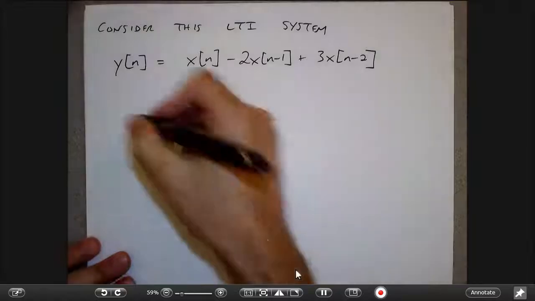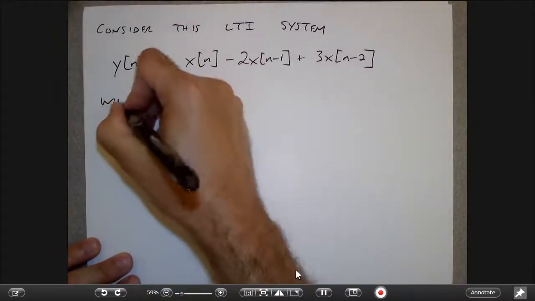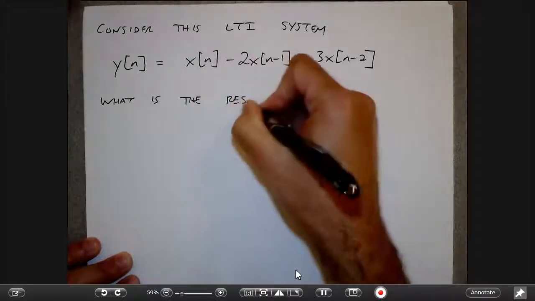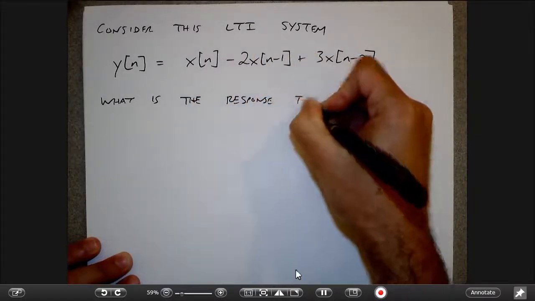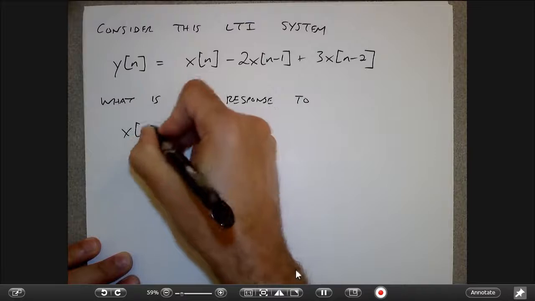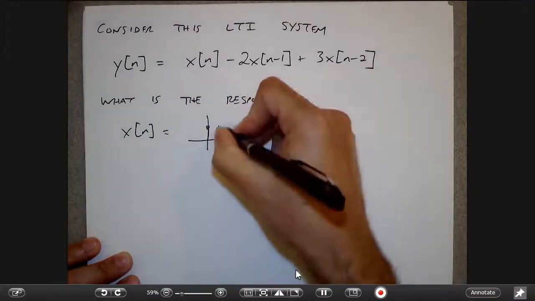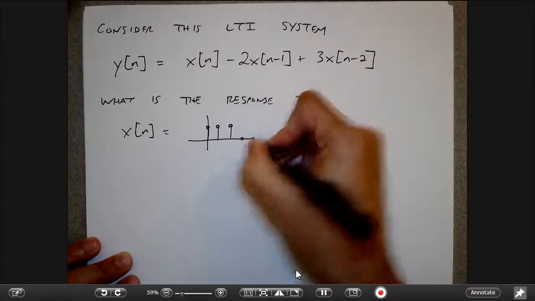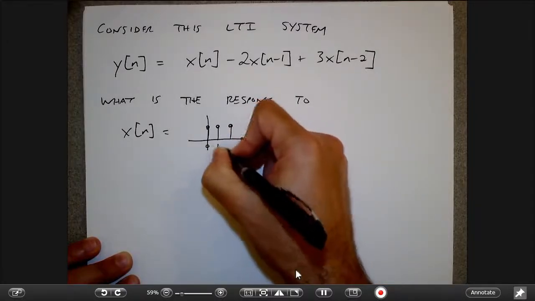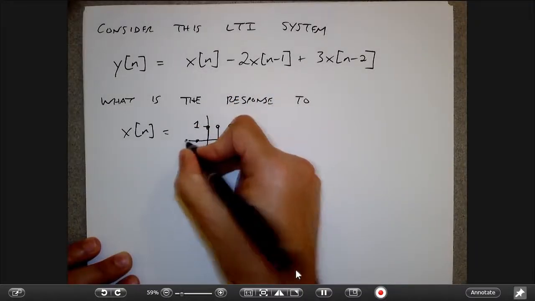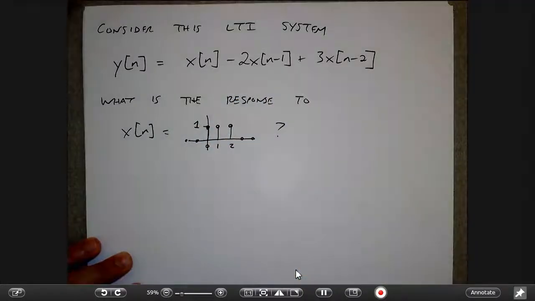And then I want to know what is the response to this signal here. Basically these are 3 impulses of height 1.